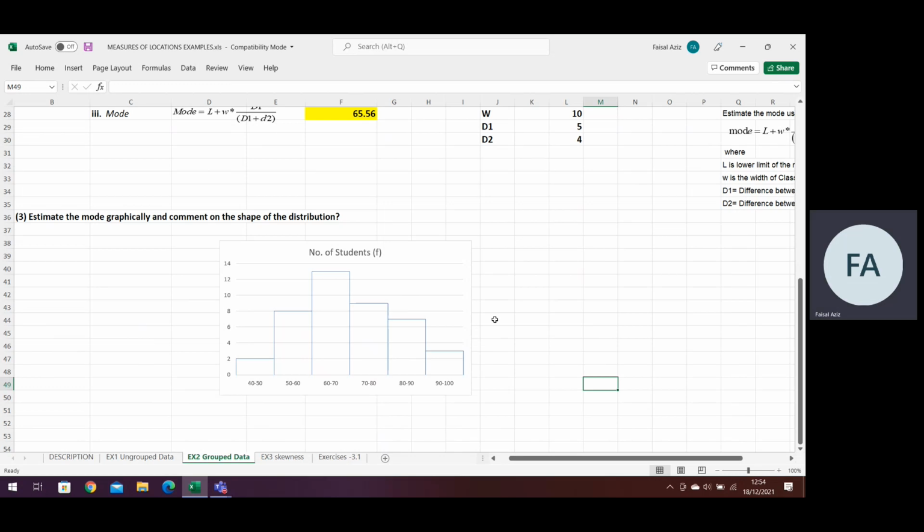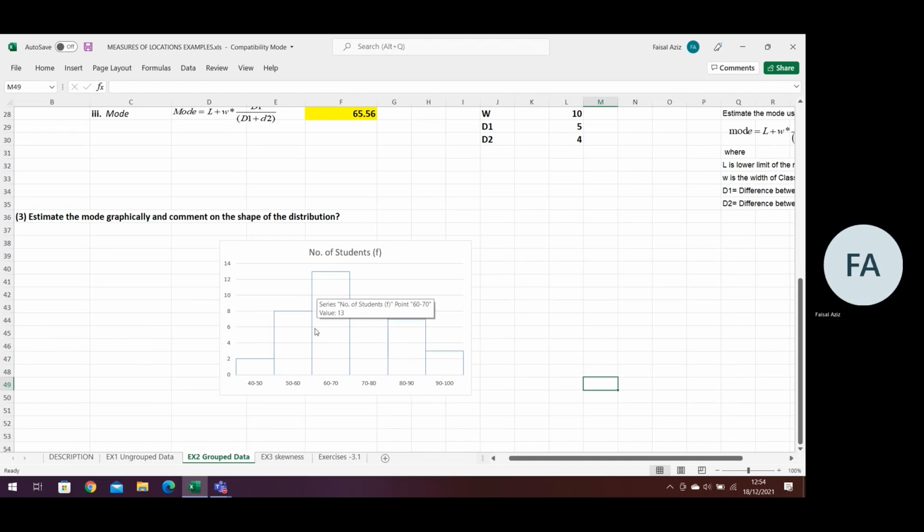So how to calculate mode graphically? It's very easy. As you can see, this is the highest frequency, this 60 to 70. You see the height of the bar is the maximum as compared to the other bars.